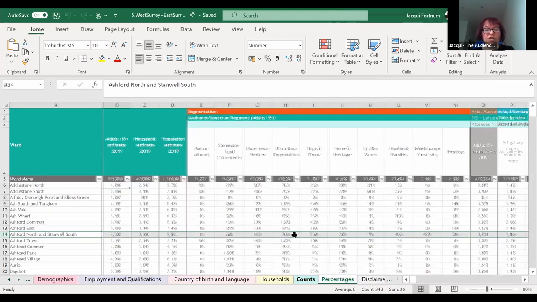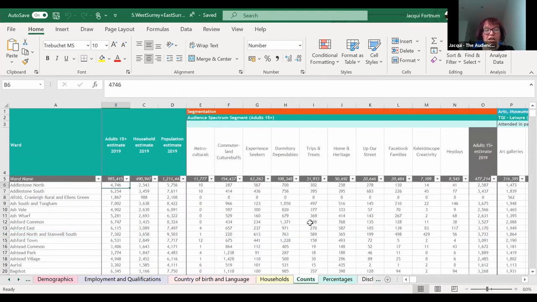So it's always worth double checking with the count of how many households that represents. It could be a small percentage, but still a significant number of households, which would mean it would be worthwhile programming for them or developing some activity for them.